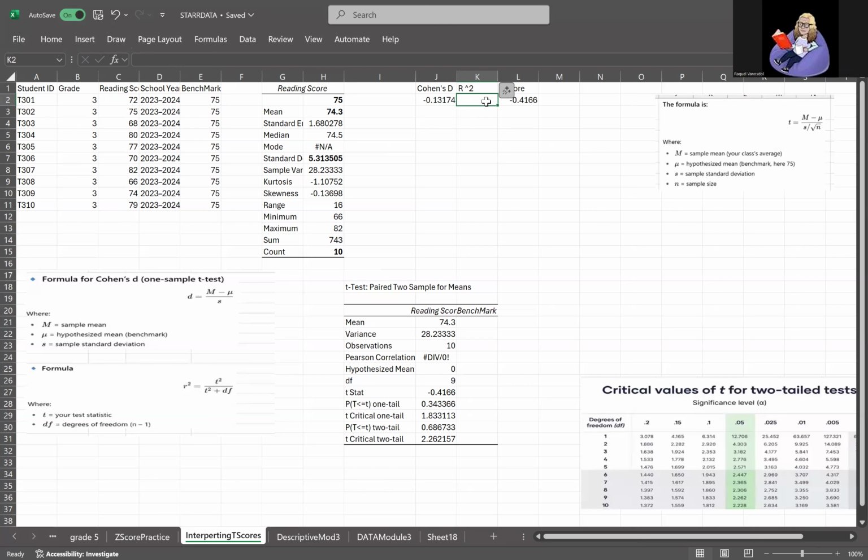So then we're going to look at the R squared effect. It equals, parentheses, my t-score squared, close it in, divided by, parentheses, my t-score squared again, close it in, plus 9. I'm not sure I did that correctly.